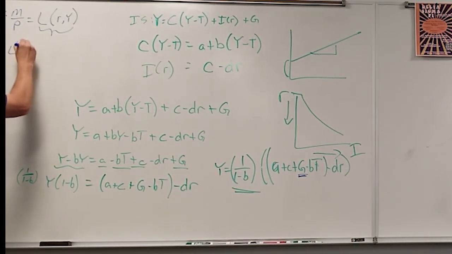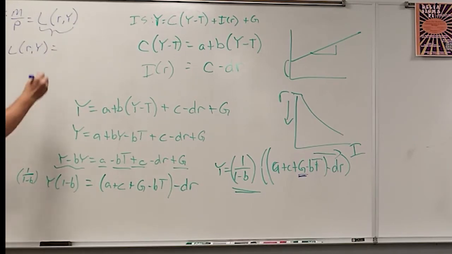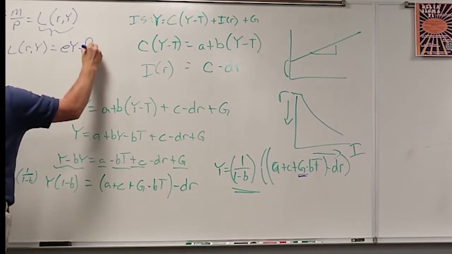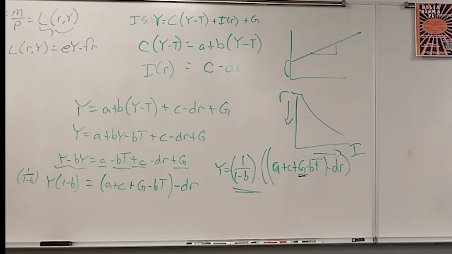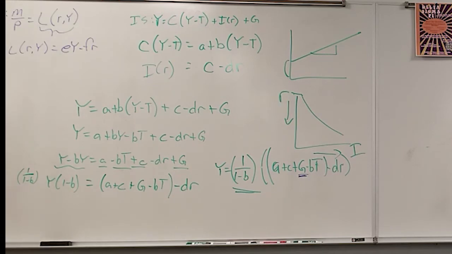We can say that L(R, Y) is defined as E times Y minus F times R. Again, why should it be this way? Because notice there's a downward sloping element between output and R. Is that right?